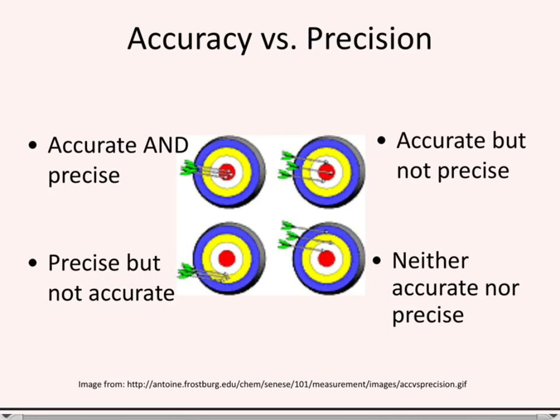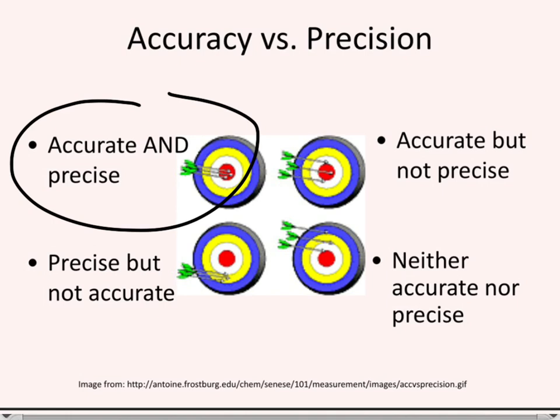Now, if your part is supposed to be 3.5000 centimeters, and all your parts are 2.989 centimeters, and the parts are identical, they're precise, but the parts aren't the right size. So accurate, the gold standard, the thing that we always want is accuracy and precision. We want to have the right answer, but we also want to be able to measure it the same way every time.